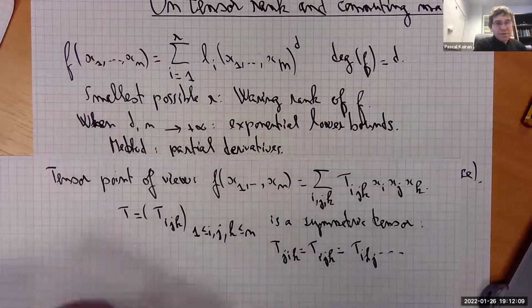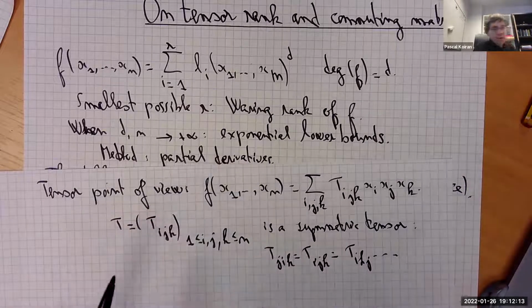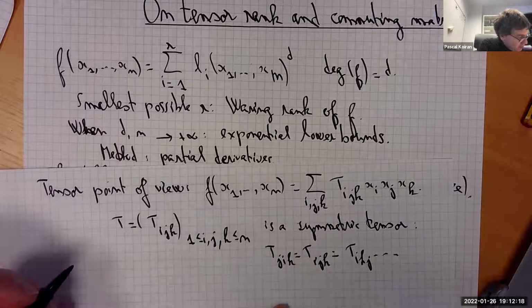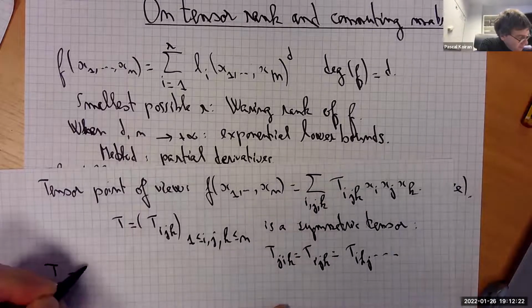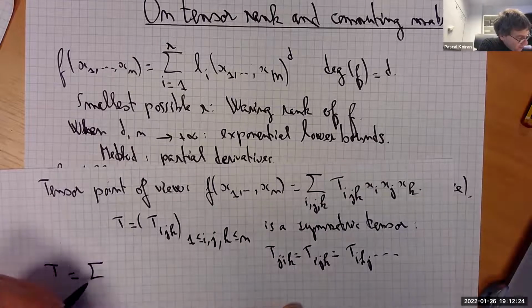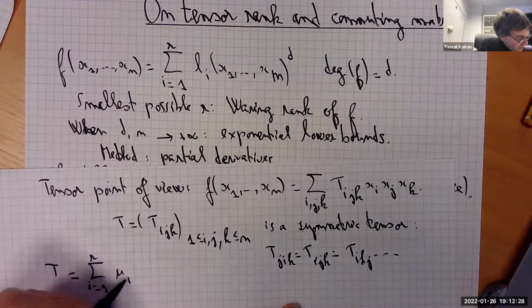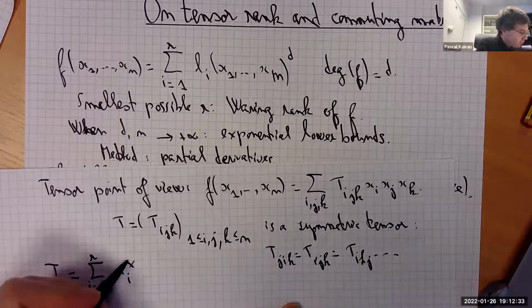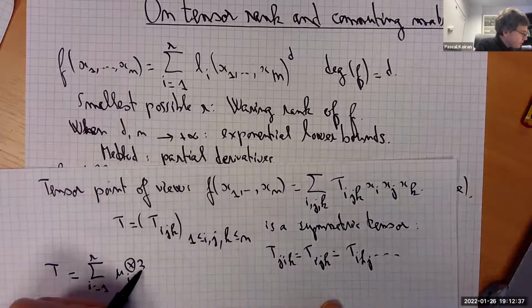So remember, we had this decomposition as a sum of powers. Now, if we write it in tensor notation, we have, as I said, a symmetric tensor decomposition. We're going to write T as a sum of R tensorial cubes, where u_i is now a vector.